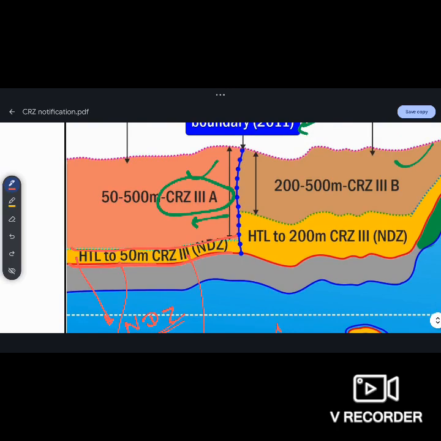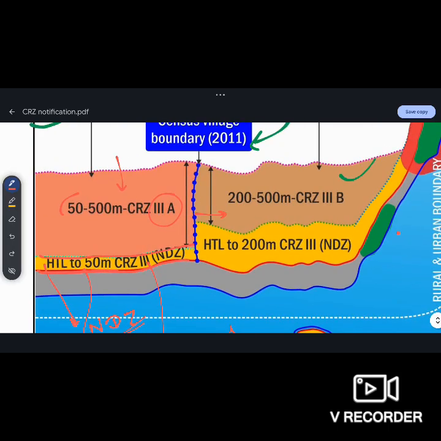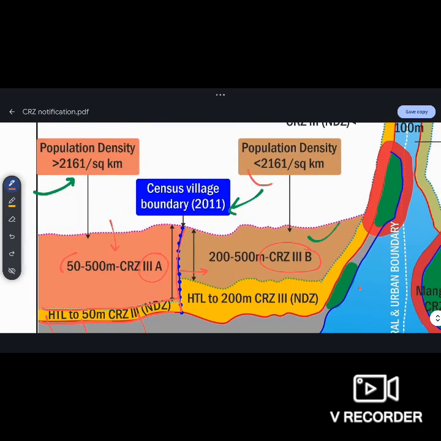Beyond this 50 meters, from 50 meters to 500 meters towards the landward side, the area comes under CRZ 3A, and under this category, usual settlement is allowed but with some restrictions. On the right side of this blue line, we have area under the CRZ 3B notification. This is also a rural area, but this rural area has population density less than 2161 per square kilometer.